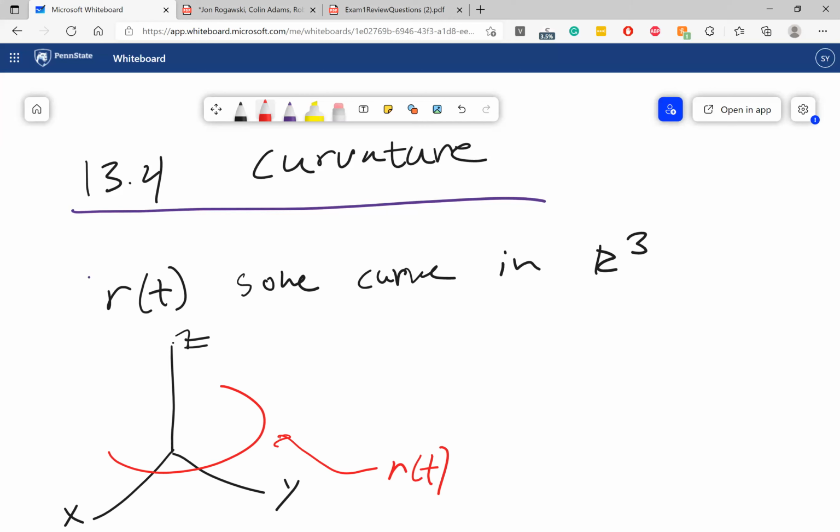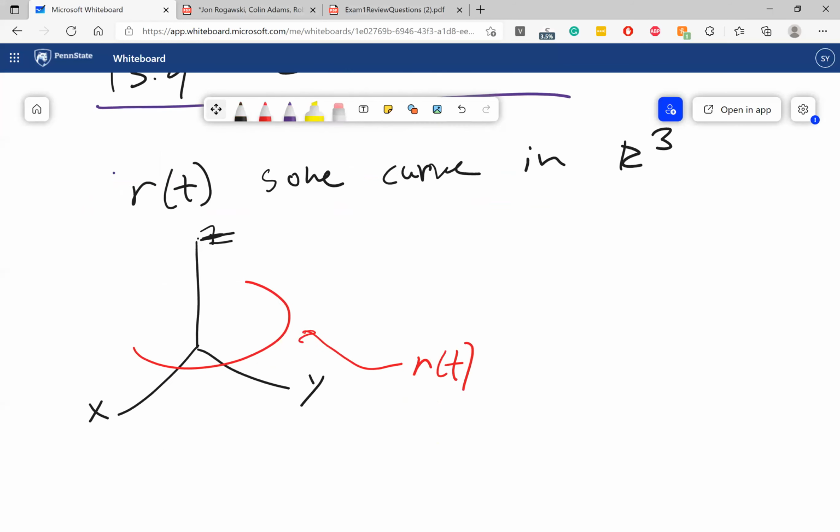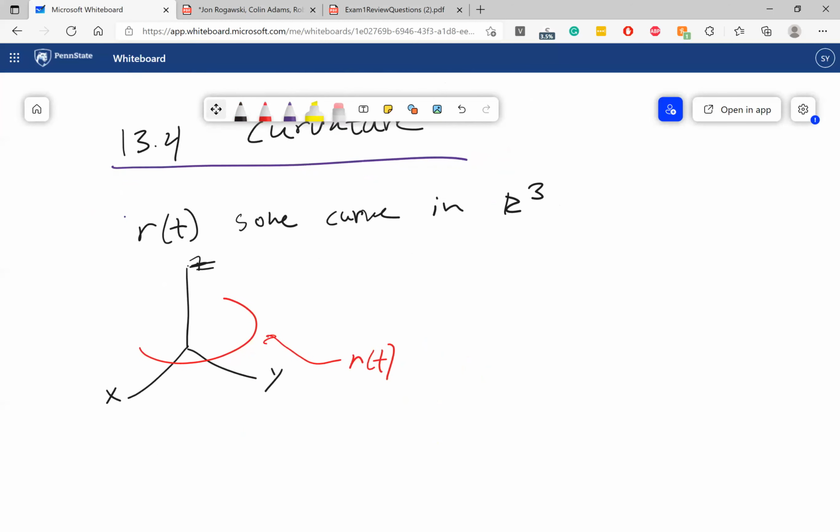Then the first thing we want to consider is the tangent vectors to this curve. That's going to be R prime of t, and those are vectors along this curve which are tangent to the curve.